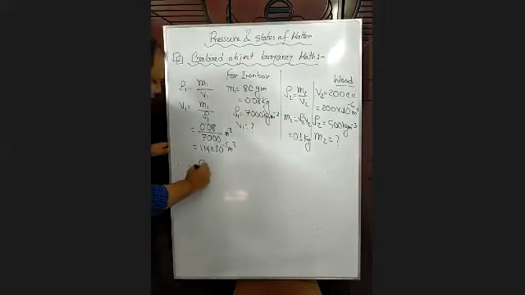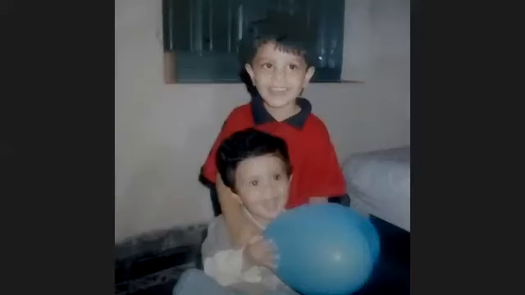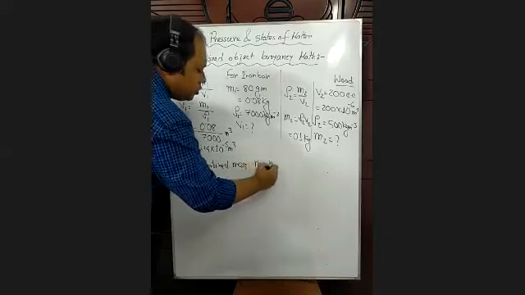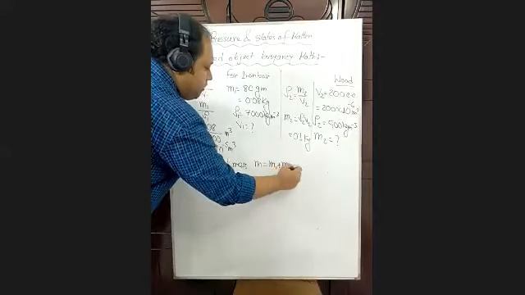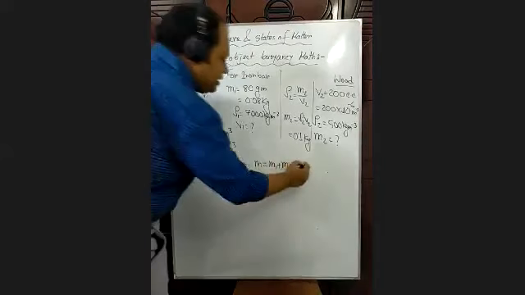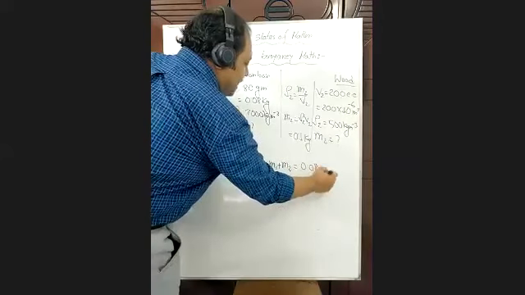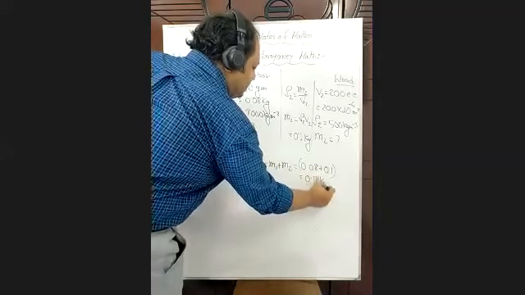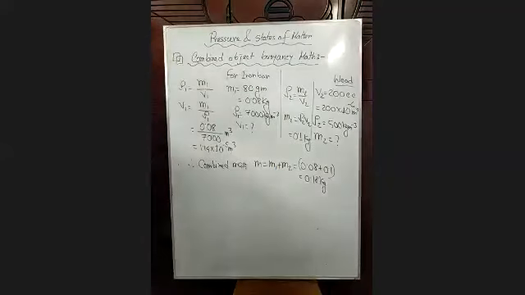So here we have two masses, M1 and M2. The combined mass M should be M1 plus M2. M1 is 0.08 and M2 is 0.1, so it will be 0.18 kg. That is the combined mass.